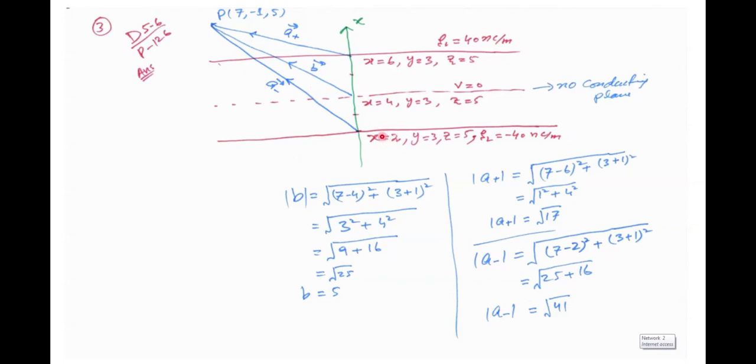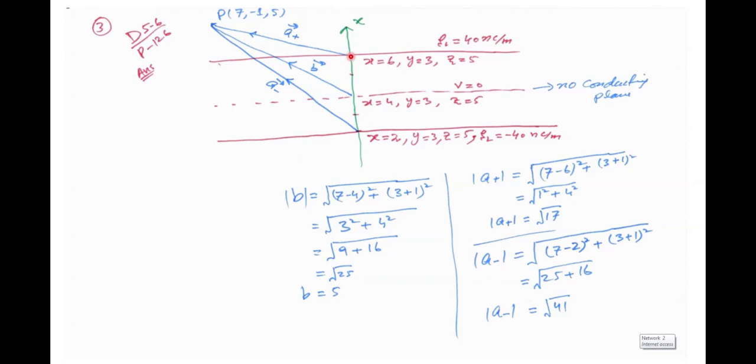So this location represents the symmetrical position of the original line charge. The original line charge is located at x equal to 6, y equal to 3, z equal to 5, and the image charge is then located at x equal to 2, y equal to 3, and z equal to 5. For the image charge, the line charge density becomes minus 40 nanocoulomb per meter. And now we have no conducting sheet or conducting plane at x equal to 4.